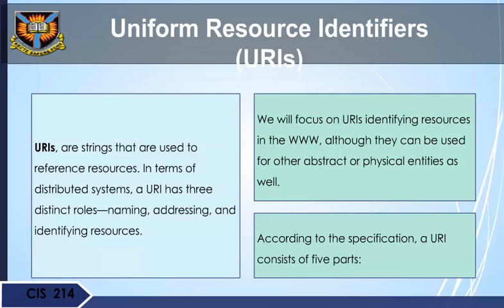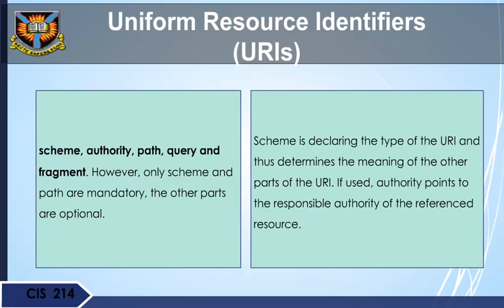We will focus on URIs identifying resources in the www, although they can be used for other abstract or physical entities as well. According to the specification, a URI consists of 5 parts: scheme, authority, path, query, and fragment. However, only scheme and path are mandatory. The other parts are optional.